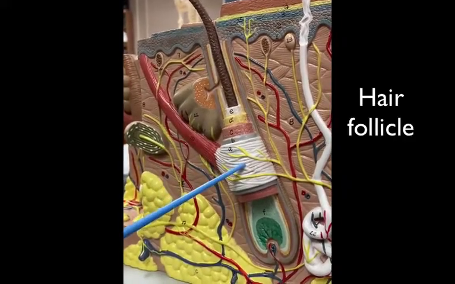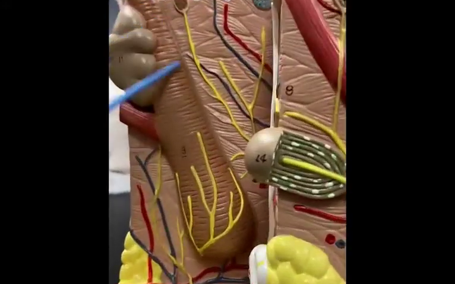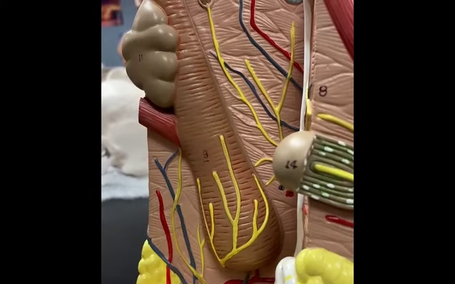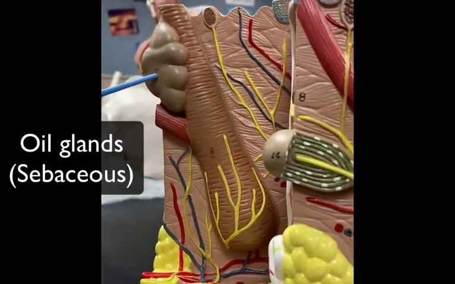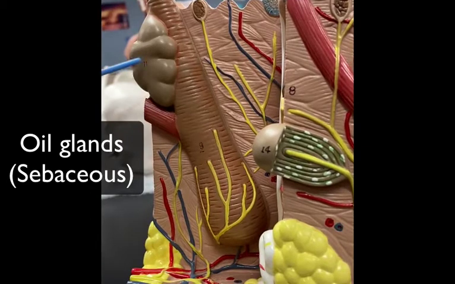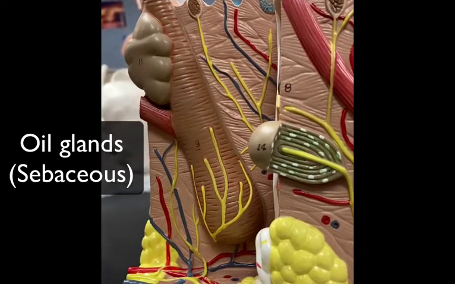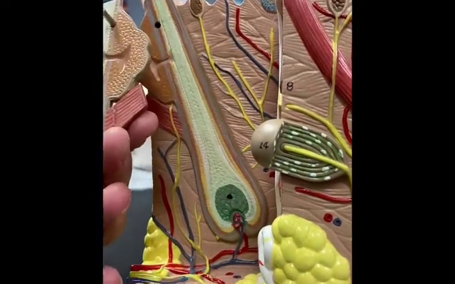It's not really shown here very well, so let's go over to this one. This is a hair follicle that holds the hair and the root, and coming off of them are some oil glands. Oil glands are also known as sebaceous glands. If I take off the follicle, you can kind of see the inside.